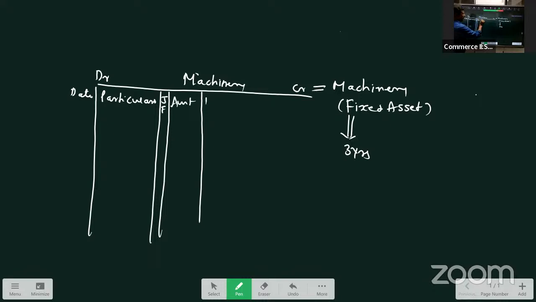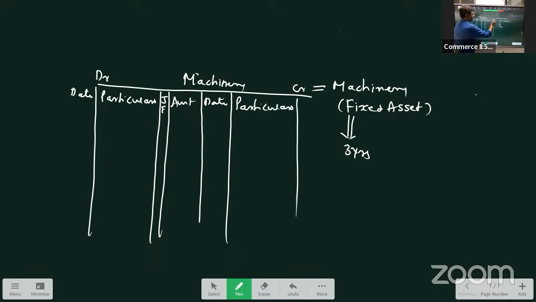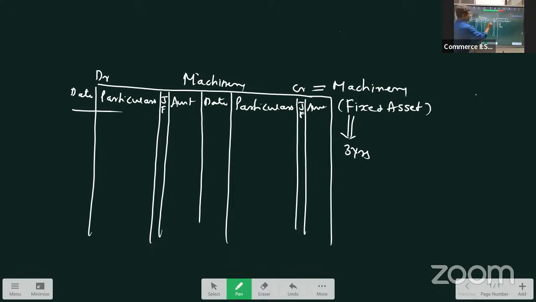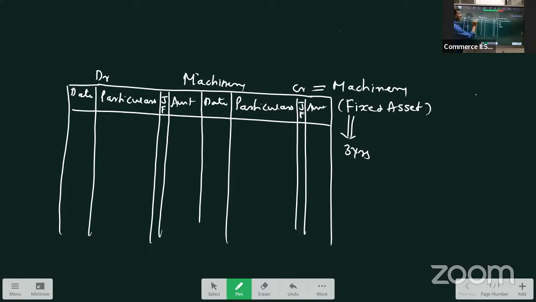Similarly, date, particulars, JF, and the last column is amount. This is how a ledger looks like.